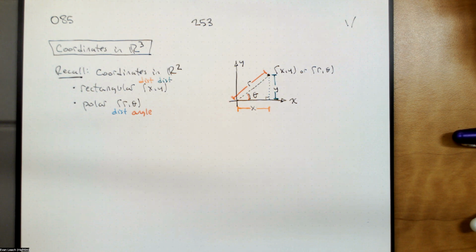If we define theta in some other way, we are still using a distance and an angle, just a variation on polar coordinates. These are just the most convenient ones for us to use.